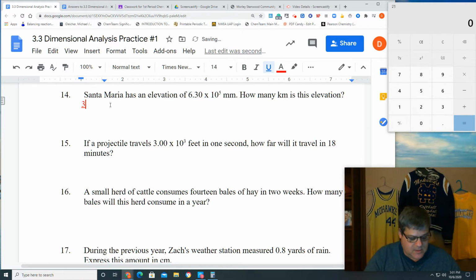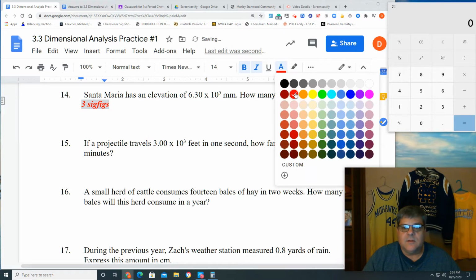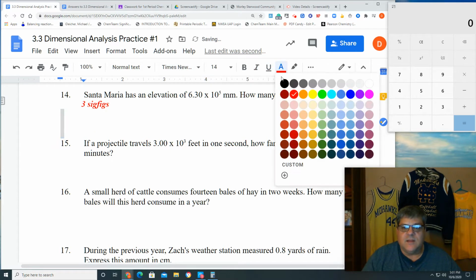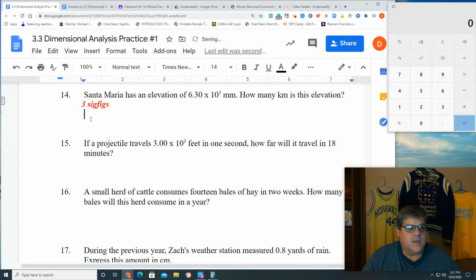So we're going to put 3 sig figs. Okay, and we're going to get rid of that, make it this right there. We're also going to get rid of that and move that to that right there. So we're going to start right off with what we know and what we don't know. Well, what do we know?